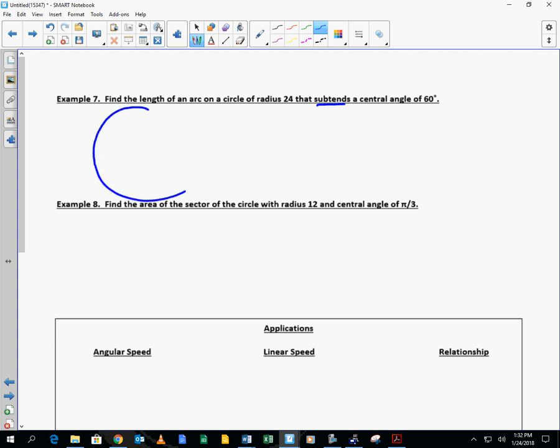So we're going to make a circle. What's the radius? 24. What's the angle? And it subtends an arc. It just stretches over that arc. So that's the arc length that we would like to find.